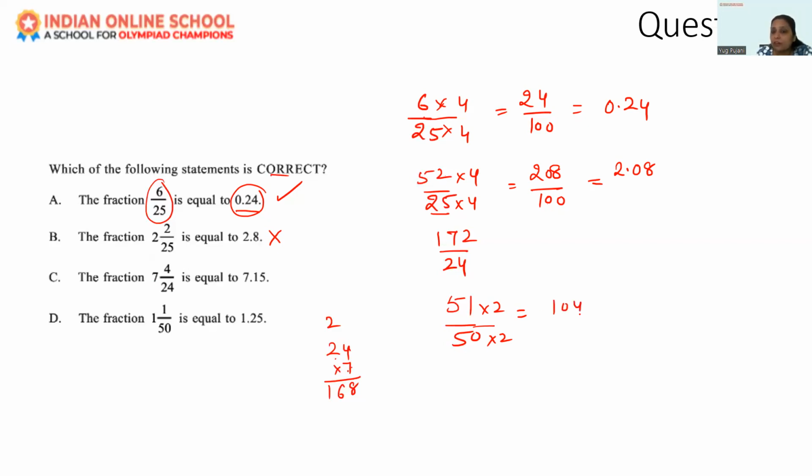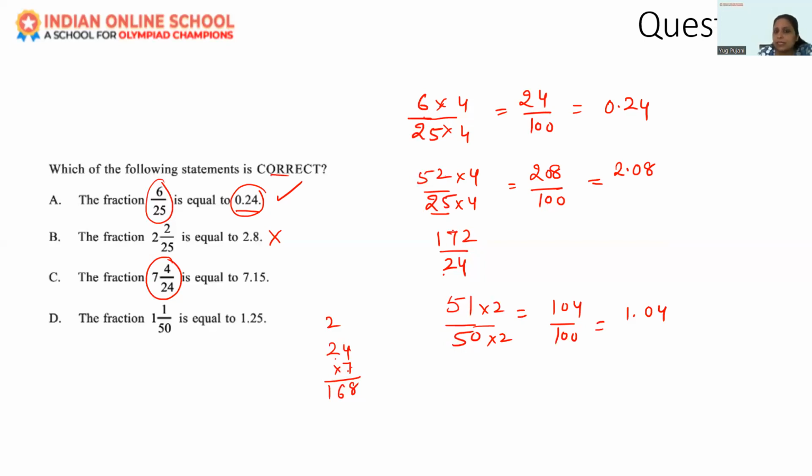So I'm getting 104 by 100, so it will become 1.04. Right? Now I have this term of 24. By which number should I multiply to make it a multiple of 10? Let's suppose it can come in the table of 6.